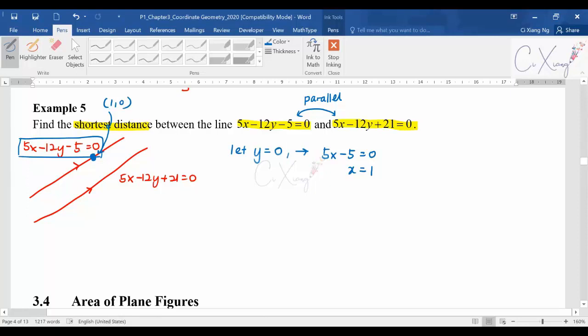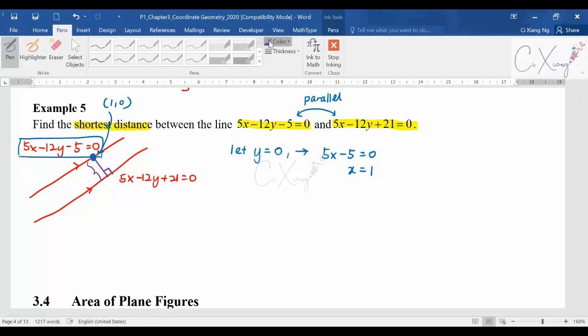So I find one point on the line first, and after that, by using this point, I want to find the perpendicular distance from this point to the line. If I find the perpendicular distance from this point to the line, that means it is actually the distance between the lines, correct or not? Because they are parallel, the point to line distance is also the distance between these two lines.